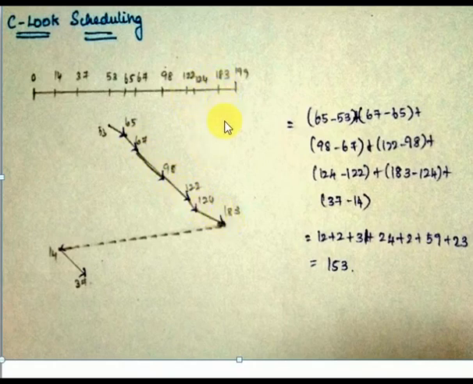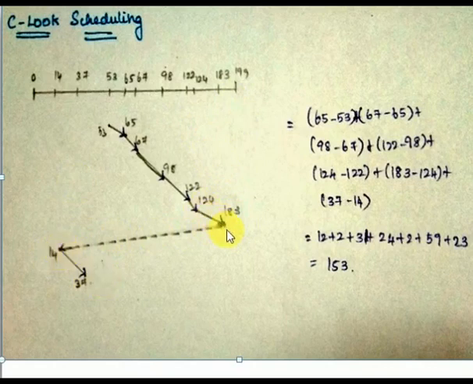Once it reaches the final request 183, instead of moving to 199, it will immediately move to the other end, where the next request is 14 and then 14 to 37. Here the difference between C-scan and C-look is that the end of the disk is not reached. Instead only the final request is served.